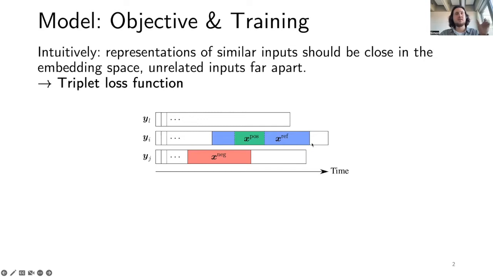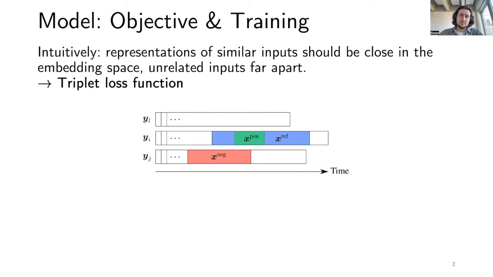So you take one sub-segment of your time series, which is your reference, and then you have a positive sample, which is usually sampled from within or in the direct neighborhood of this reference sample. This green thing here can be a sub-series that has a super small length or can be longer. This is not specified to begin with.